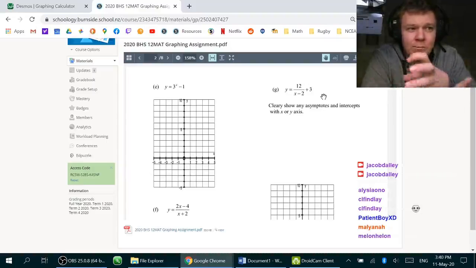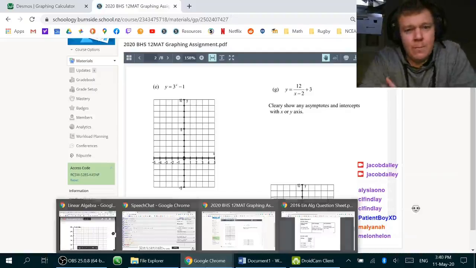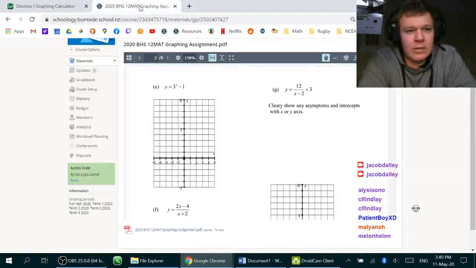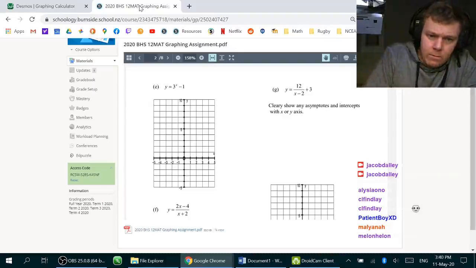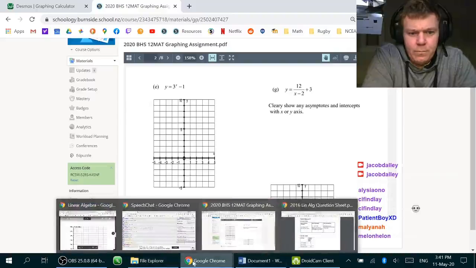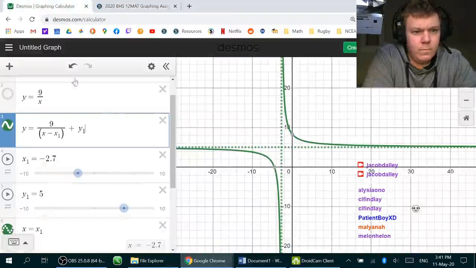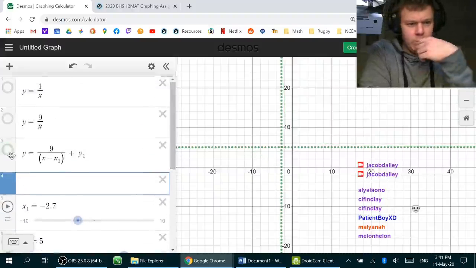They've done some tricky algebra with it to make it look like that. But you can figure out where the asymptote should be on this one. But if in doubt, go to Desmos. So I'm just going to write that down on a page so I can type it into Desmos. Just turn off all of these.